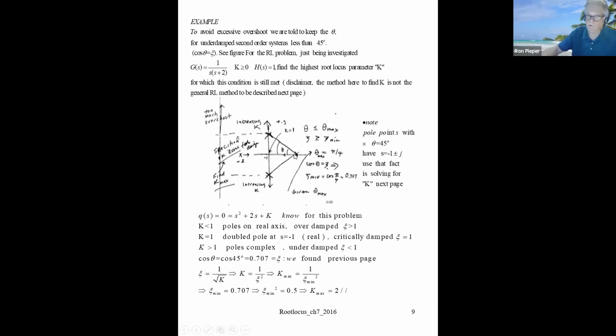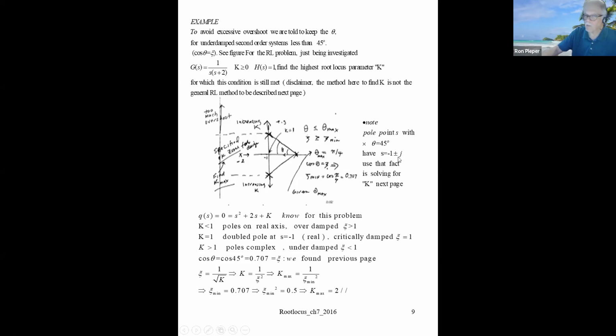Basically, the two sides are the same, because we know that's 45 degrees. The cosine of 45 is the same as the sine of 45, and therefore since this side is 1, this has to be 1. Therefore, the roots associated with this picture when theta is 45 degrees are the following.